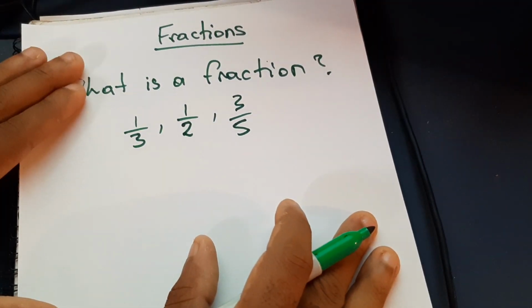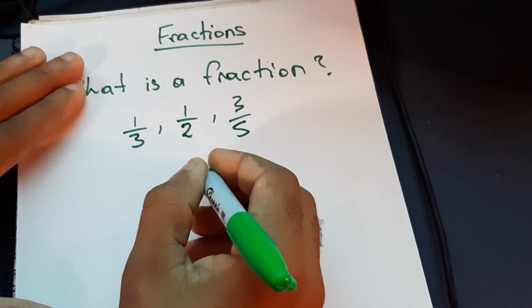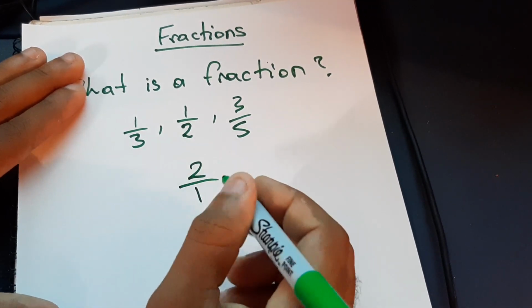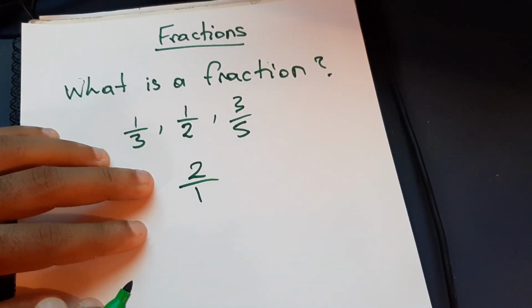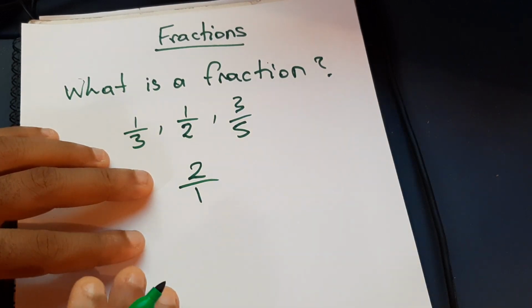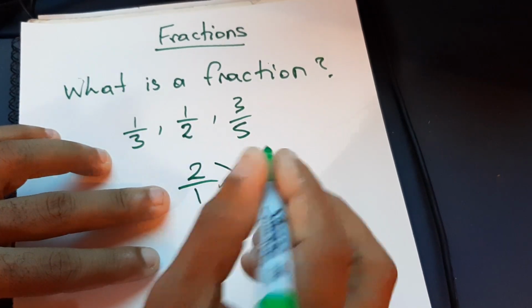As I said before, it's a numerical quantity that is not a whole number, because we could even write 2 over, let's say, 1, and this could be an improper fraction. But 2 over 1 is a whole number, so we would take this out.